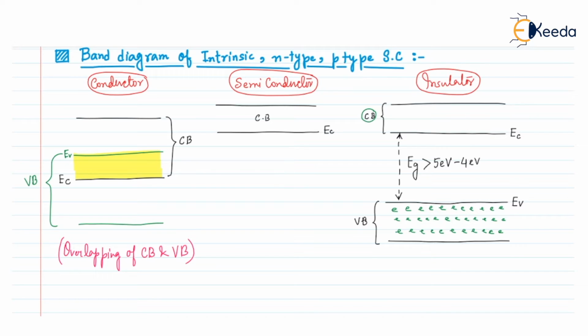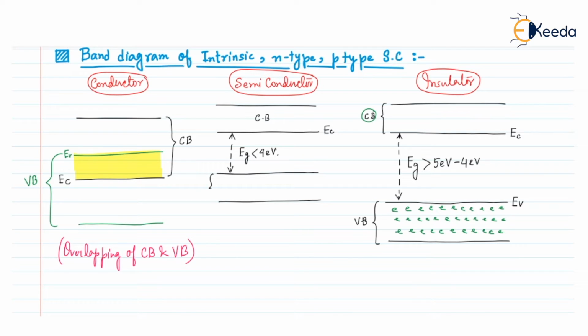The energy gap of the semiconductor is much smaller than the insulator, that is, the Eg value is less than 4 electron volt.